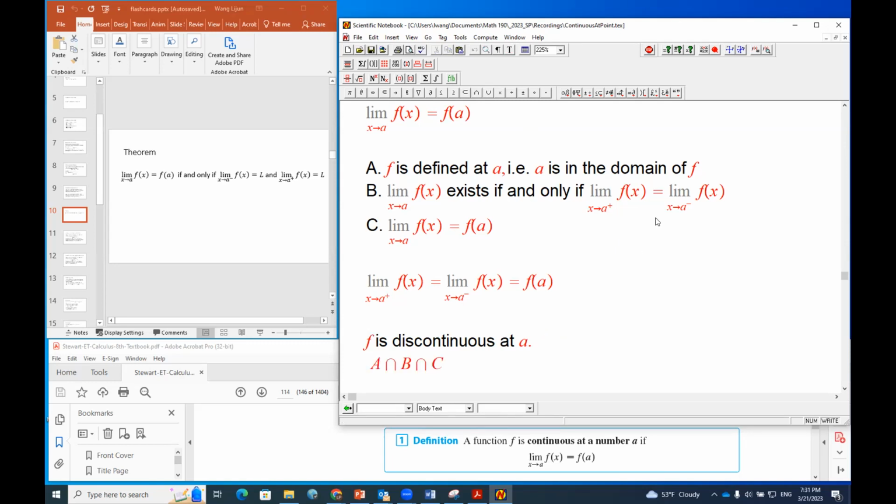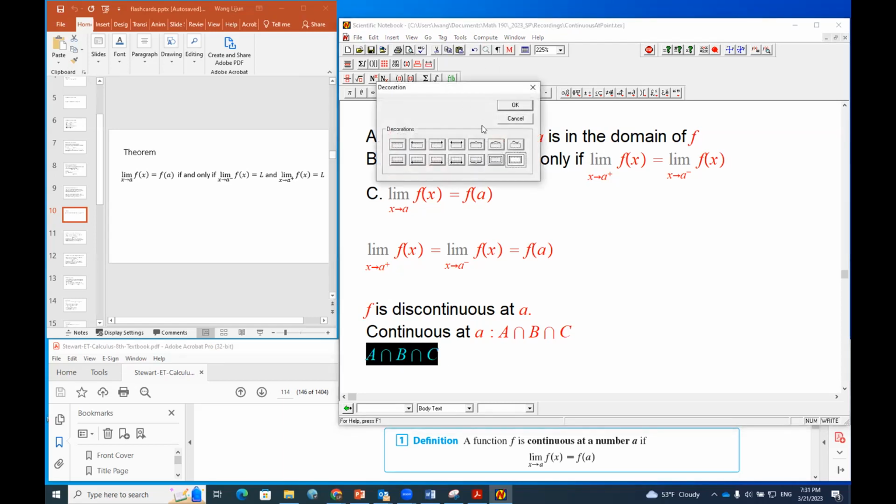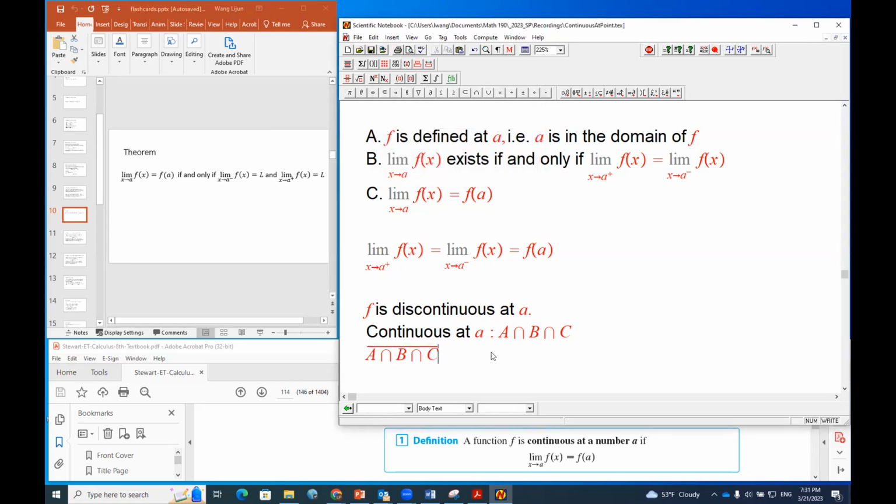Let me put it this way. Continuous at A means that A and B and C are all satisfied. And what is the opposite of A and B and C? We use a notation with a bar on top of it, which means not, the opposite of continuous.